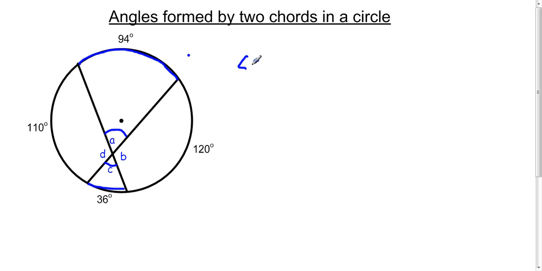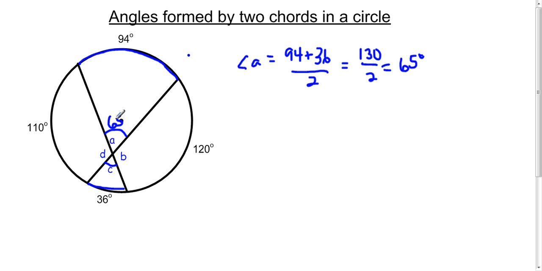So angle A is 94 plus 36 divided by 2. And it's that simple. 94 plus 36 is 130. Half of 130 is 65. So angles A and C are both 65 degrees.